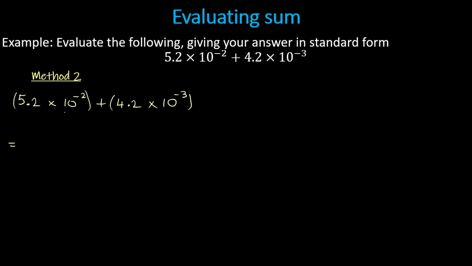Now here we have 10 power negative 2 and here we have 10 power negative 3. Which one is smallest? Is it 10 power negative 2 or is it 10 power negative 3? Right? From your knowledge of integers of grade 7.